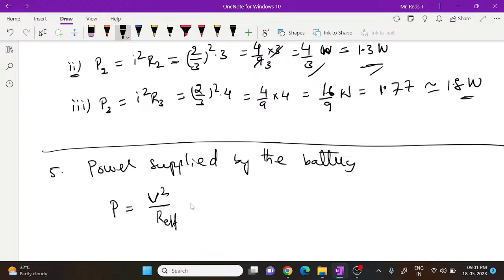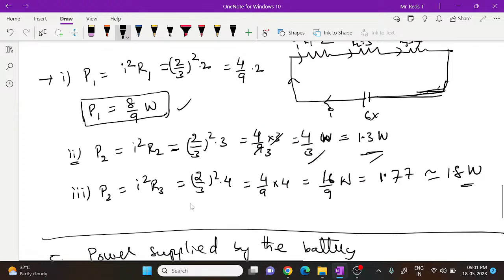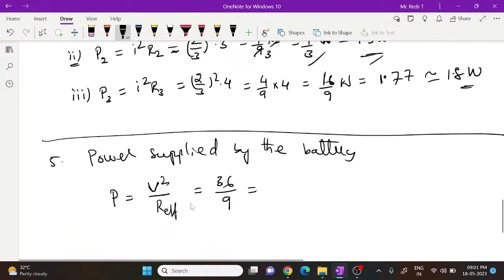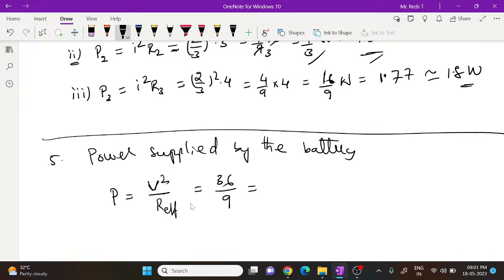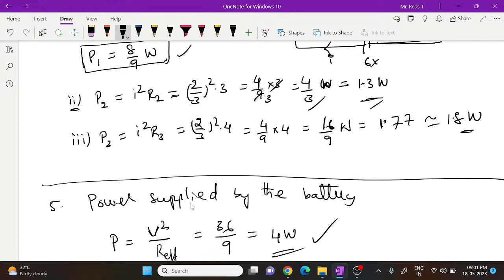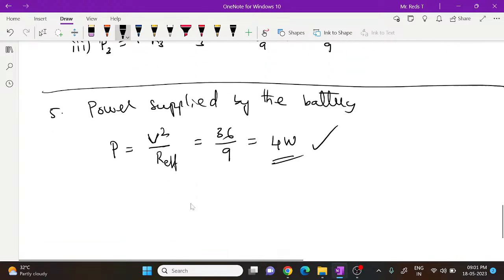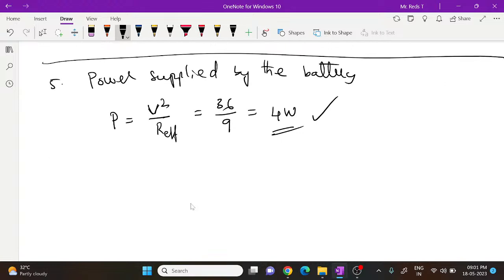As V is 6 volts, 6 square is 36 by R effective, which is 9. 36 by 9 is 4 watt. So 4 watt of power is supplied by the battery, and this is distributed across each resistor as 8 by 9 watt, 1.3 watt and 1.8 watt. This is how we have to calculate.